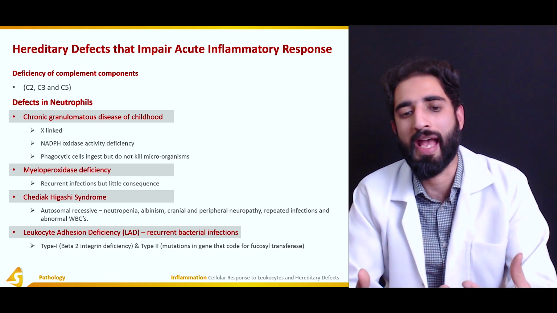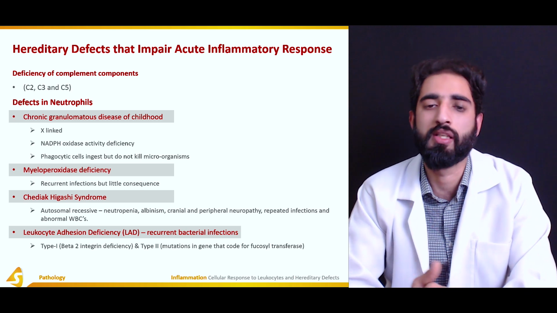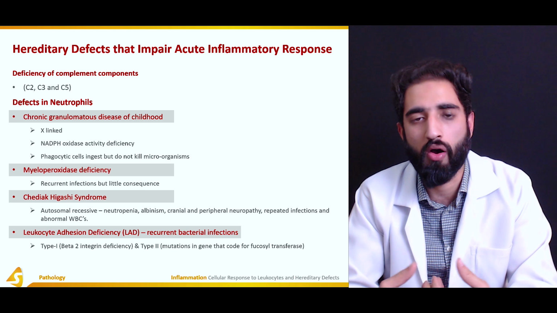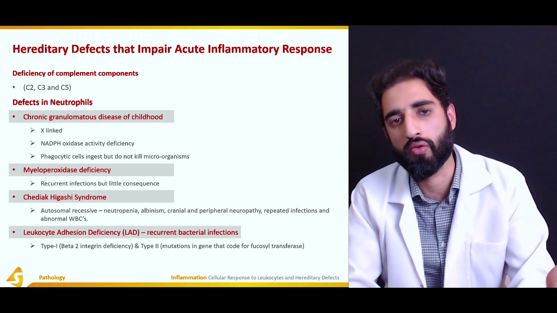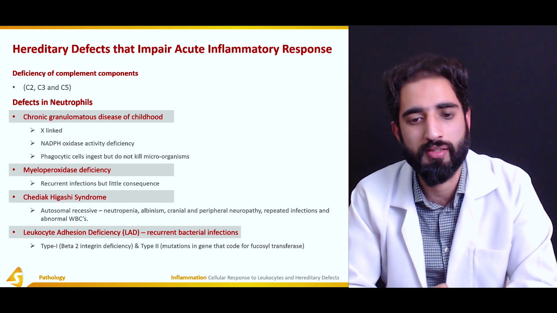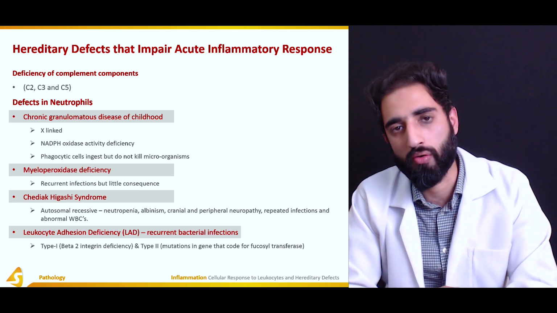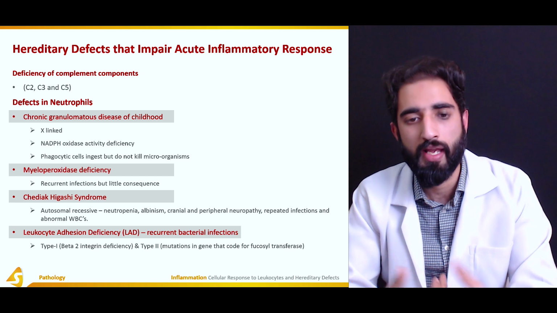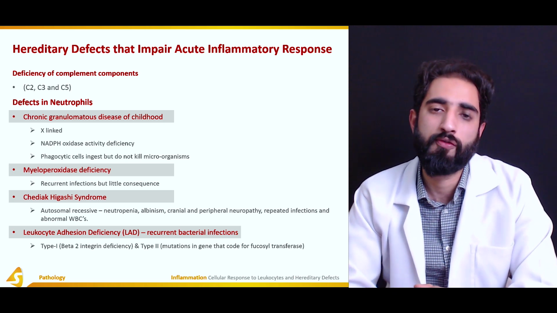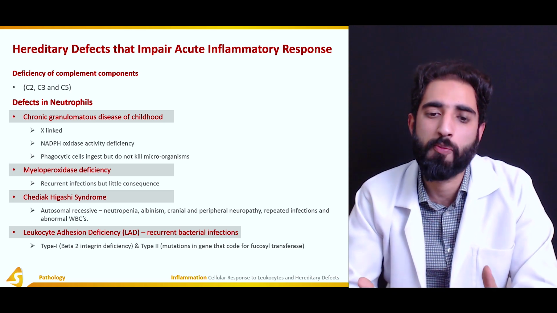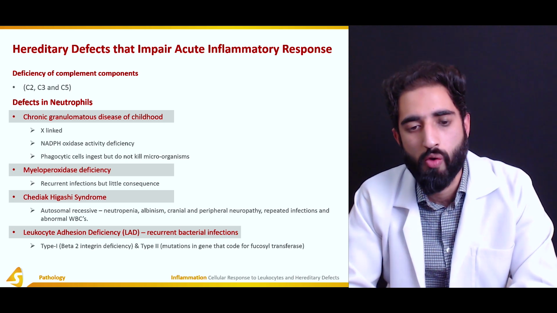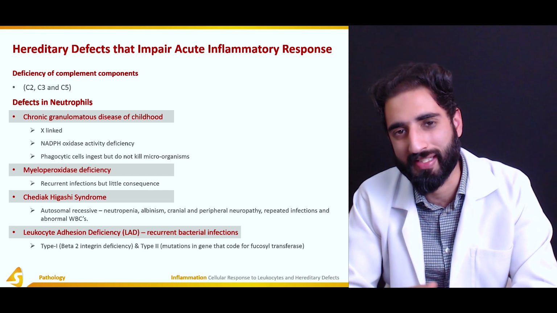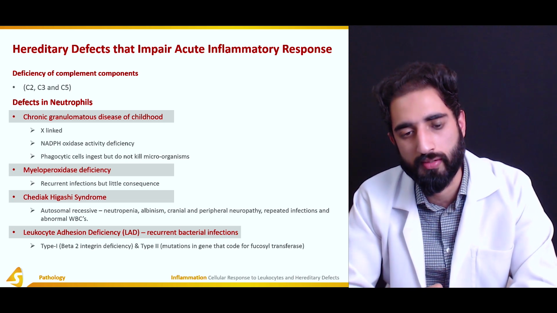In this disease, NADPH oxidase deficiency occurs, which results in the inability of the phagocytic cells such as neutrophils, monocytes, and macrophages to kill the microorganisms, even though they can ingest them. Another hereditary defect is myeloperoxidase deficiency, which results in recurrent infections, but it is not of great consequence.